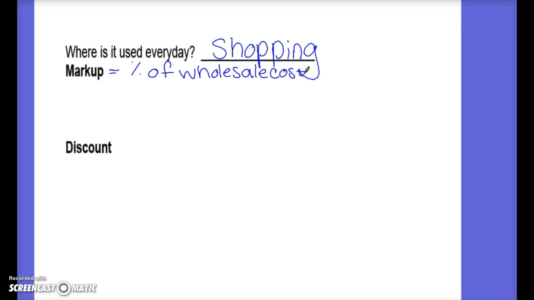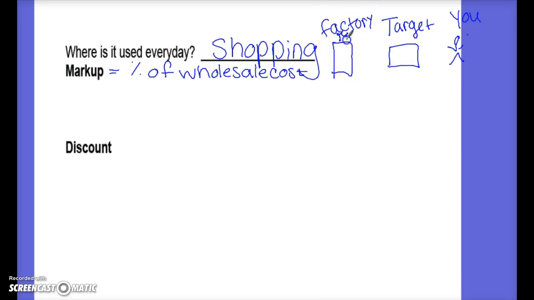Well, you might be asking, what's wholesale cost? So let's think about this. Let's talk about Target. So here's Target. Here you are. And here's the factory. Got a little smokestack on it.